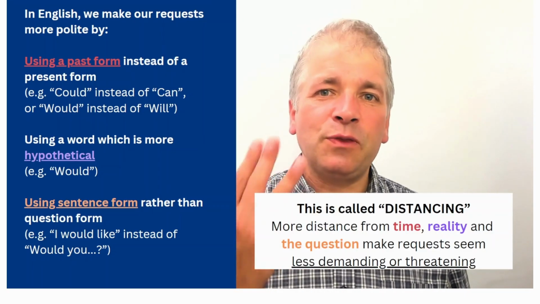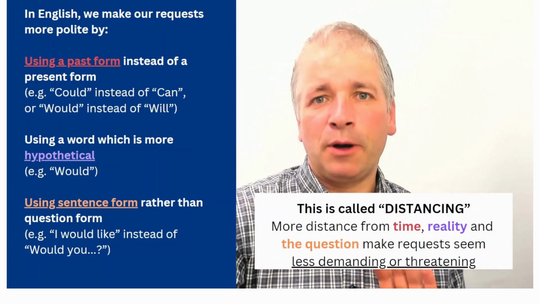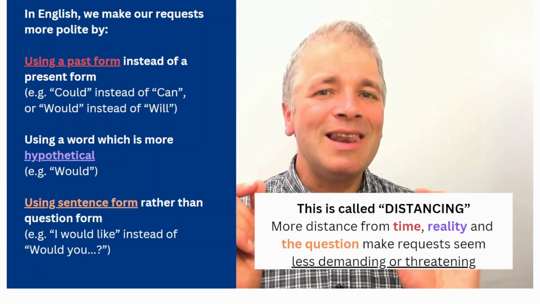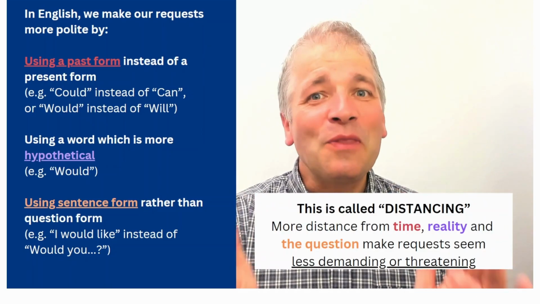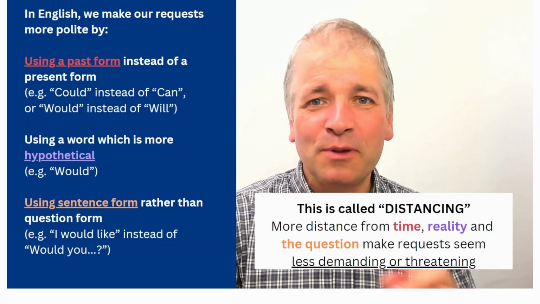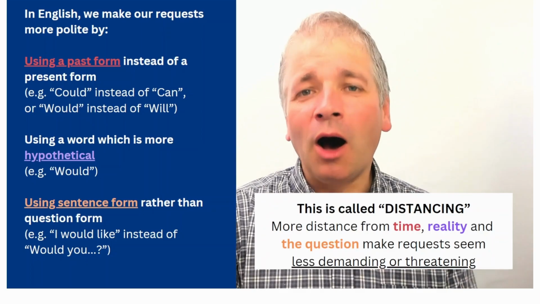All of these 3 things create distance in our language between what we're saying and the person hearing. And this makes our requests less demanding, less threatening, less immediate, and therefore they come across as more polite. And you can use these principles in any situation in English to make sure you are polite.